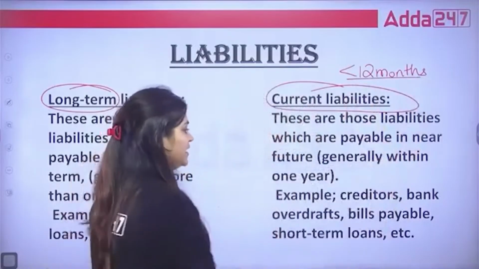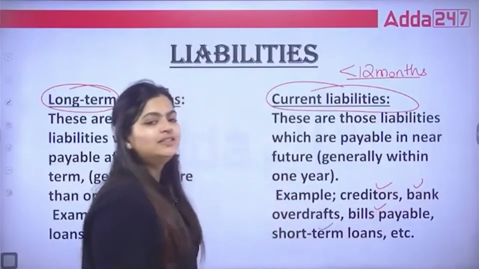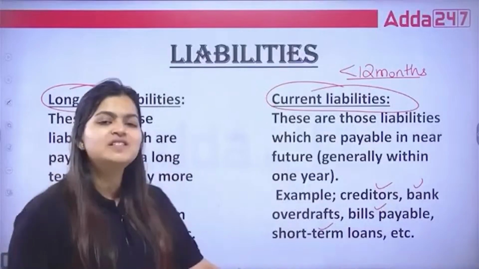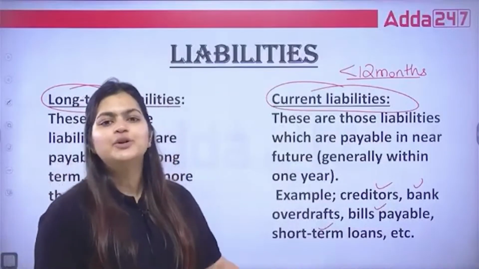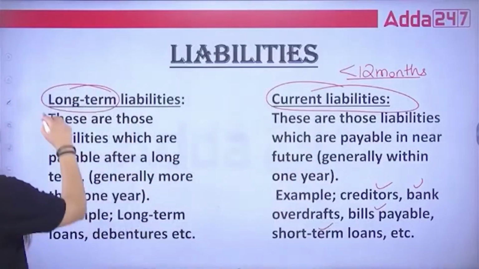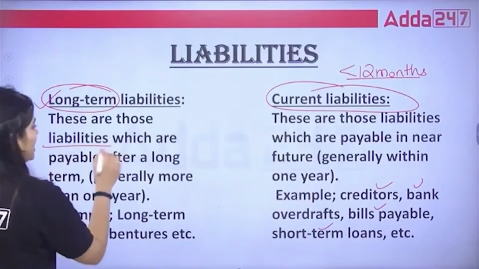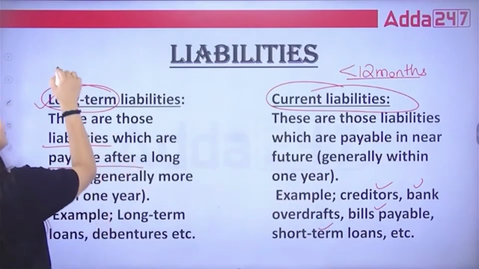Like you can see creditors, bank overdrafts, bills payable and short-term loans. When the life is less than 12 months, you are going to classify it as current liabilities. On the other hand, when we talk about long-term liabilities, these are those liabilities which are payable after a long period.